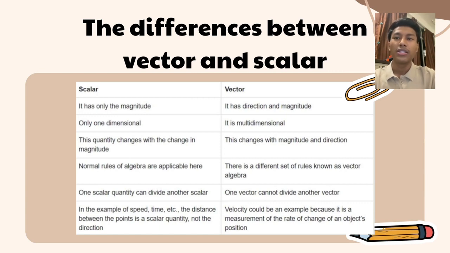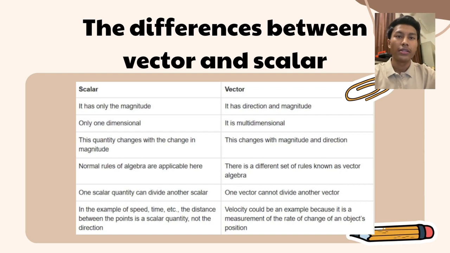This quantity changes with the change in magnitude. Normal rules of algebra are applicable here. One scalar quantity can divide another scalar. Examples are speed, time, and the distance between points, which are scalar quantities, not having direction.